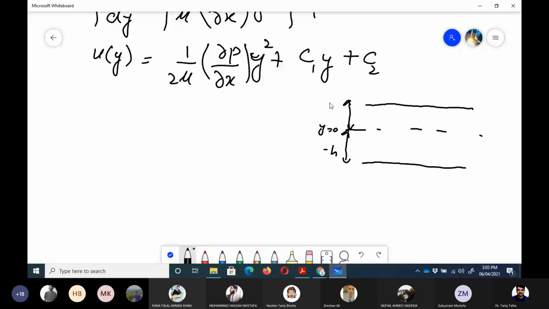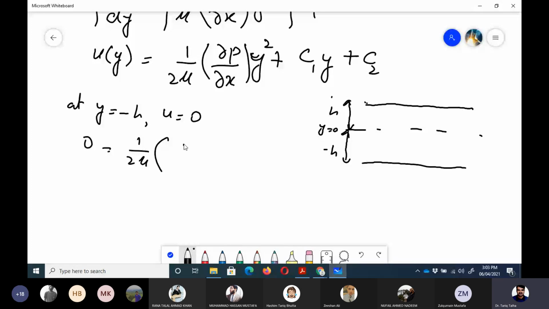So at y equal to minus h, we have u equal to 0. If we put it here, 0 would be equal to 1 upon 2 mu partial p by partial x into h square minus c1 h plus c2.